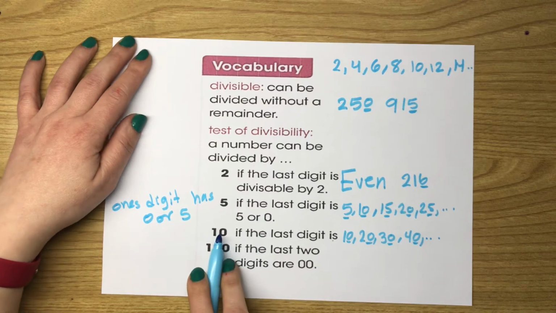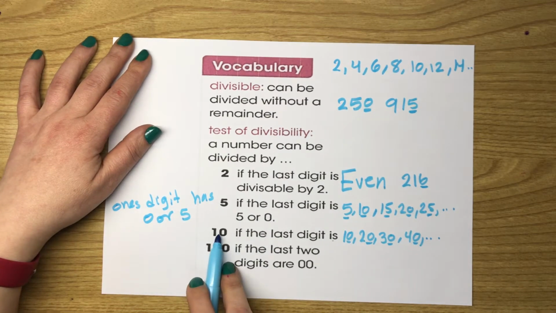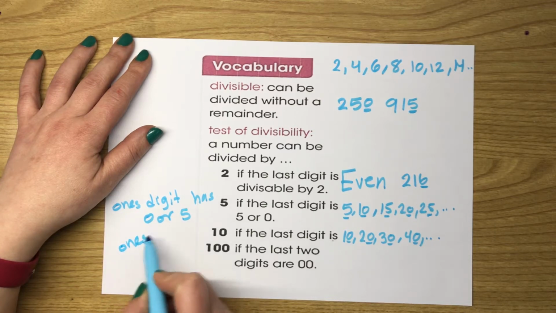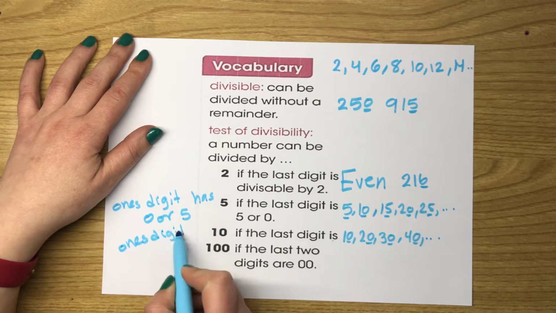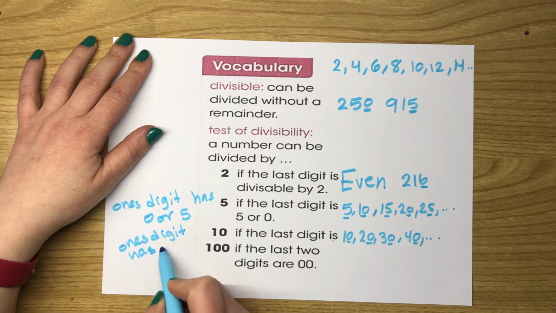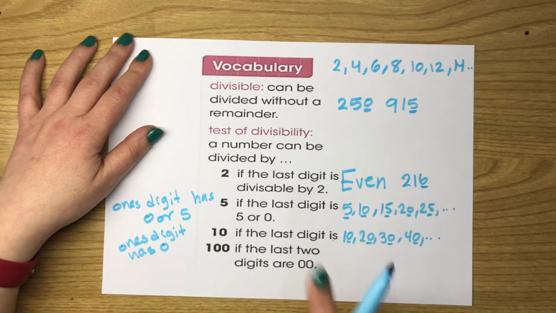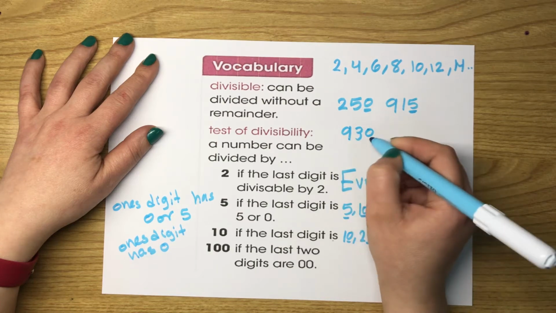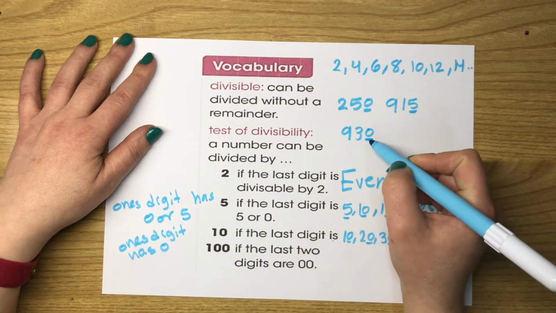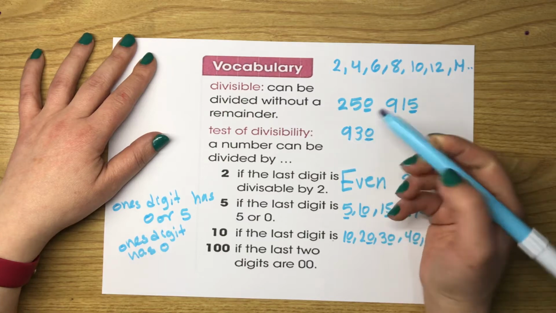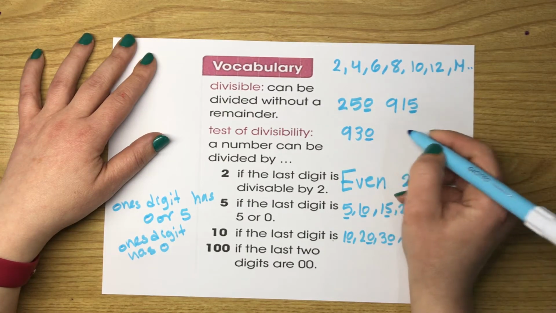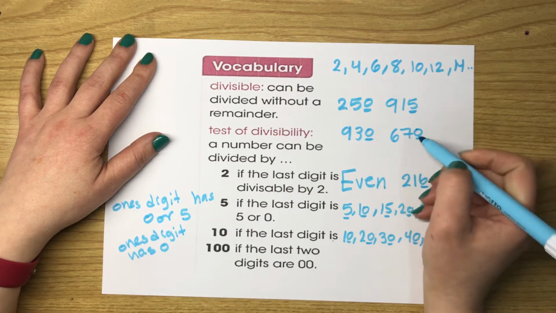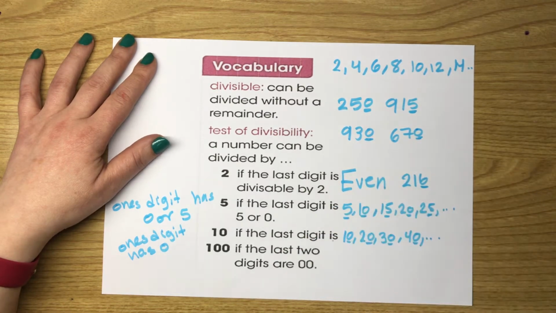So to know if a number can be divisible by 10, the ones digit has 0, no matter what the rest of the digits are, such as 930. As long as we have 0 here, that means 930 is divisible by 10. 670 ends with 0. That means this number is divisible by 10.